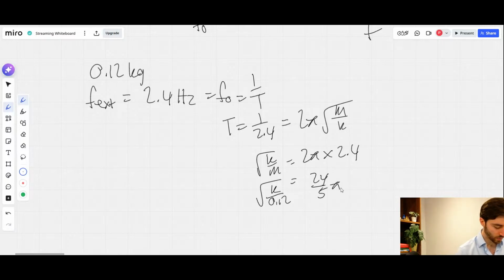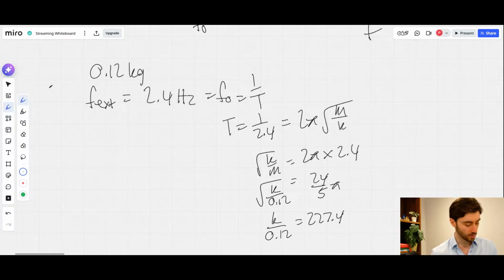We're going to square the answer. So k over 0.12 will equal 227.4. And so the k is just equal to that times 0.12, which is 27.3. Whoop, that was nearly on the screen, guys.